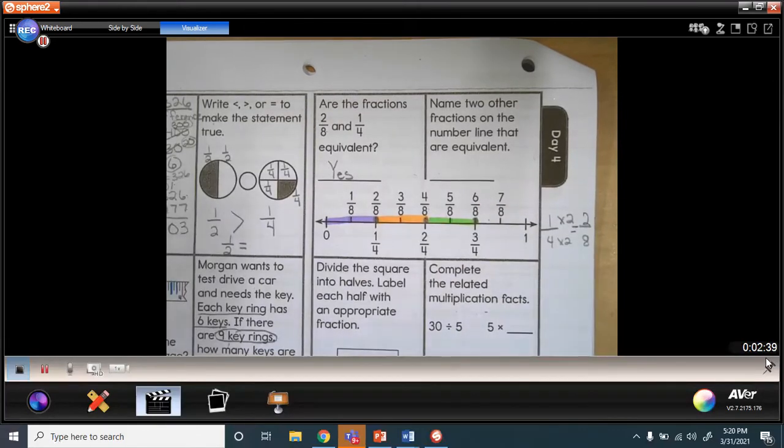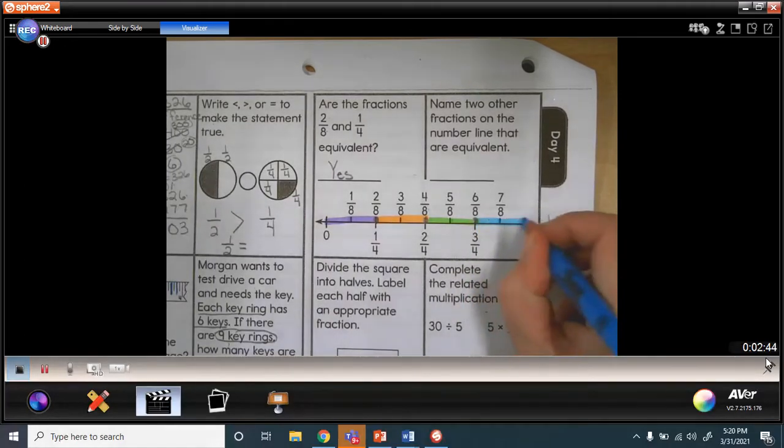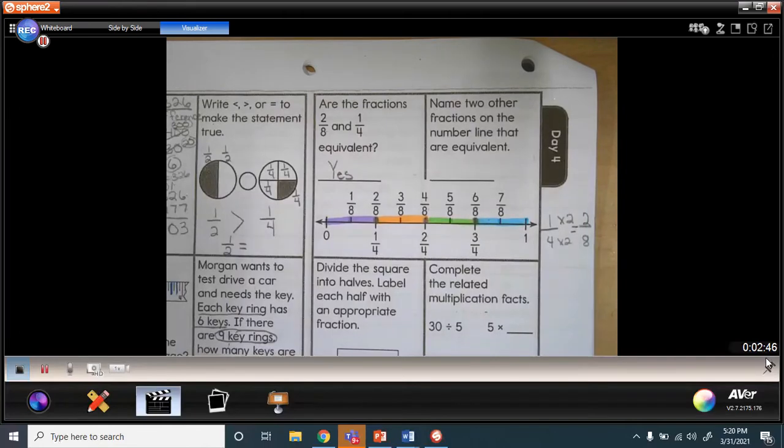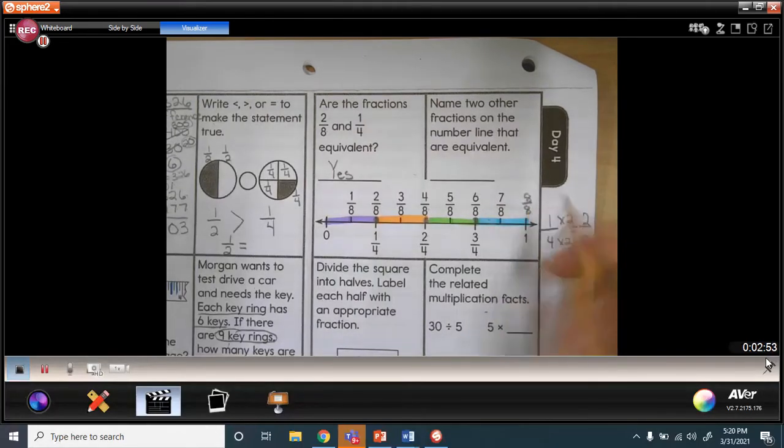And then finally, if I were going to do another 2/8, that would bring me to 4/4 or 8/8, which is also equal to 1 whole. So you actually have 3 possibilities here.